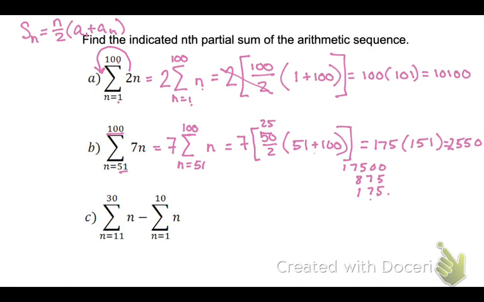Oh, wait, I didn't add right. Where did you get 175 from? 25 times 7. Because this is 25, and then we have our 7. So let's see if I can add right this time. 15, 13, 14, 15, carry 1 is 8. So I got 18,550.